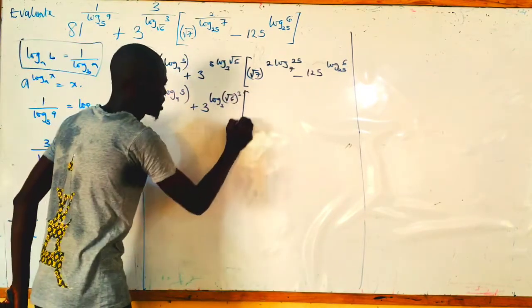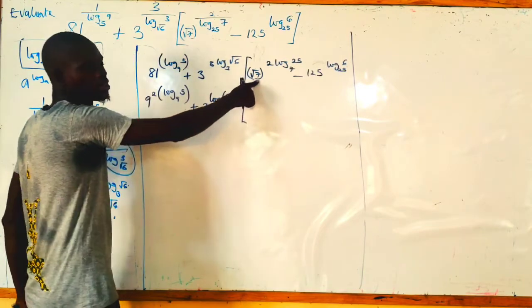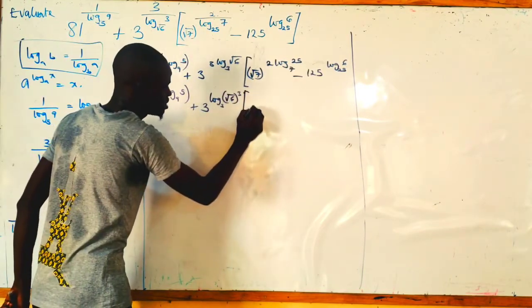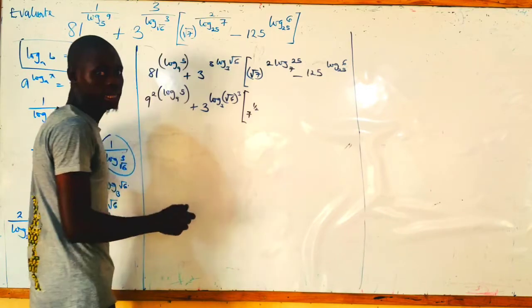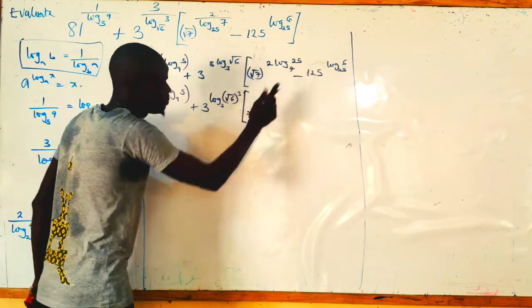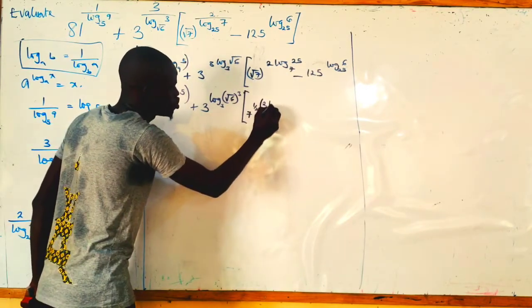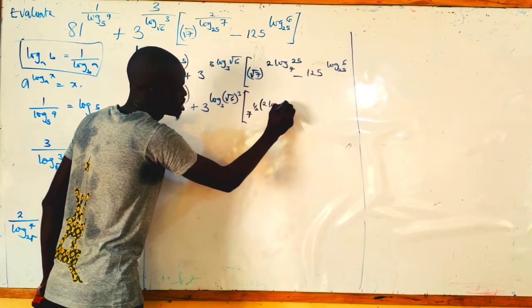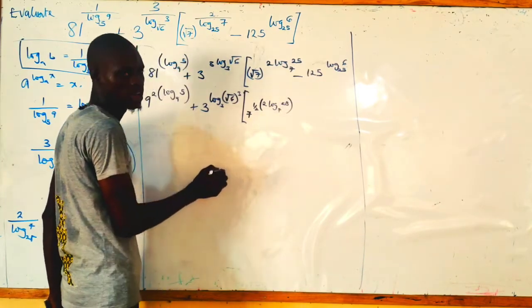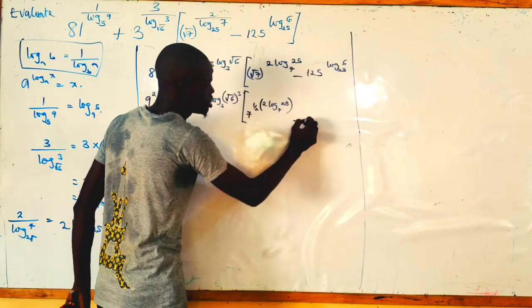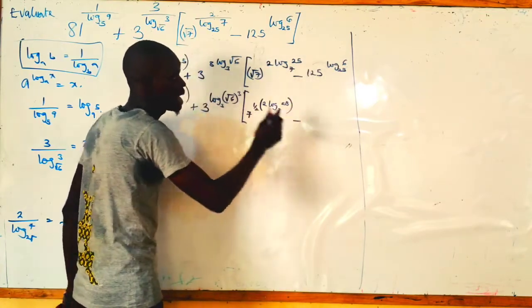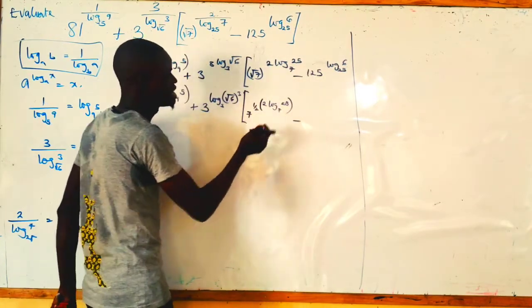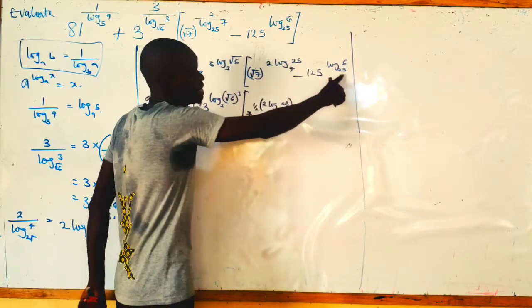Now, into brackets, this is root 7. I can simply write this as 1 over 2. That is the power. All this is serving as a power. Everything into brackets, 2 log of 27 base 7. Now, minus of this one can be written as something of this kind. You see, I want to make sure that this base and this thing are equal.